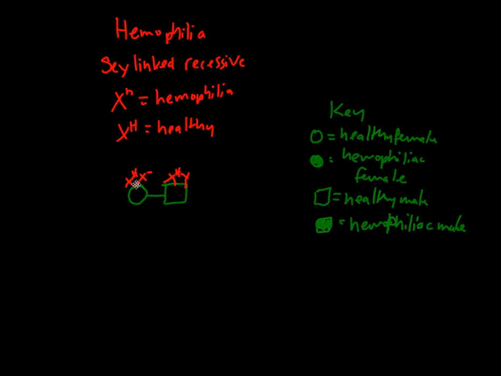Right? We just know she's healthy, so she has one big H, but we don't know if she carries the gene for hemophilia. All right. And so let's say they start having kids. All right. So let's just say they have 4 kids.